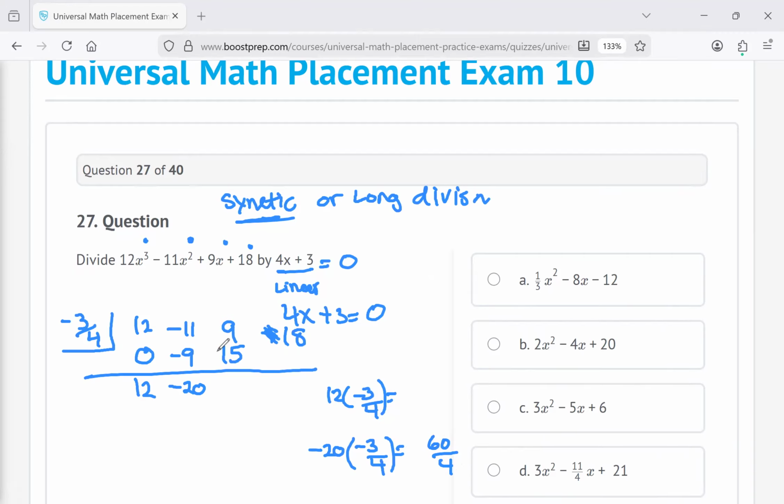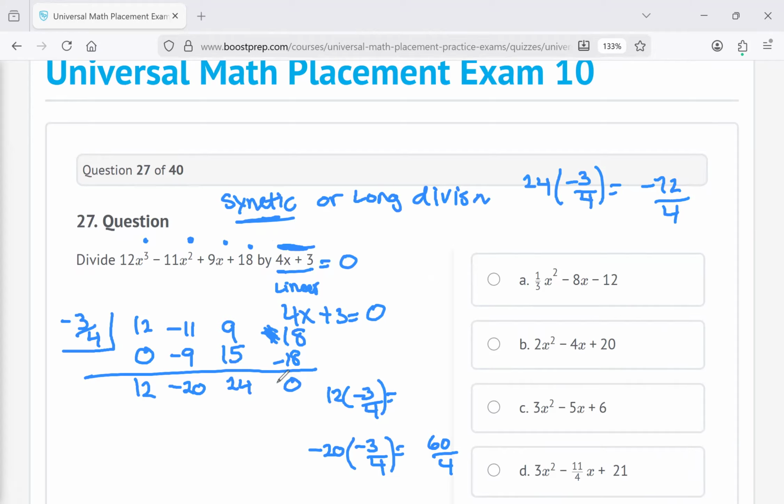And then 9 plus 15, add them up vertically, is 24. And then 24 times -3/4 is -72/4, which is -18. And look, we have a remainder of 0, so that means this is a factor.